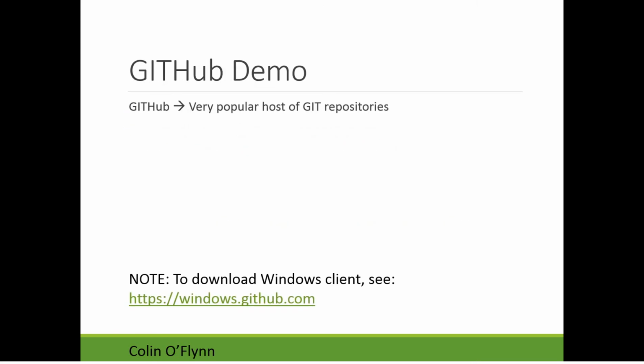What I want to do is show you how it looks in real life. I'm going to be using something called GitHub. Git is a type of repository, a format, also known as revision control, and GitHub is just a popular website for doing this.